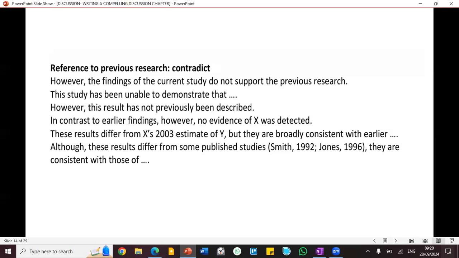For example, you can say in phrase number 1 there, "However, the findings of the current study do not support the previous research." Then you continue giving us which research you referred to. Or number 2, you can say, "This study has been unable to demonstrate that." Of course, there are several areas that you'll also be quoting. I've already shown you samples.